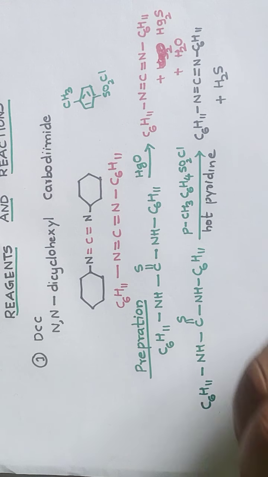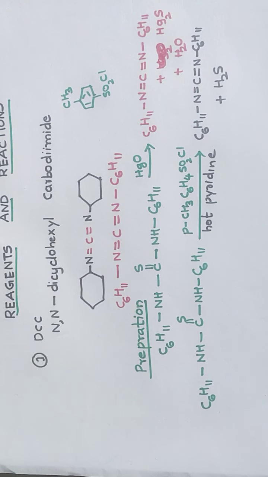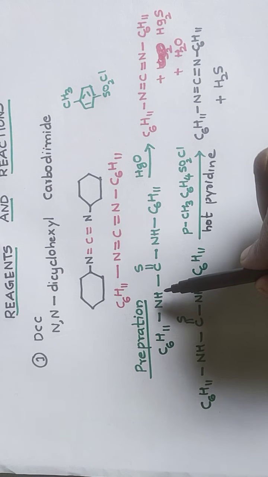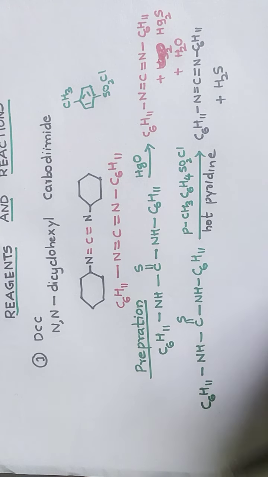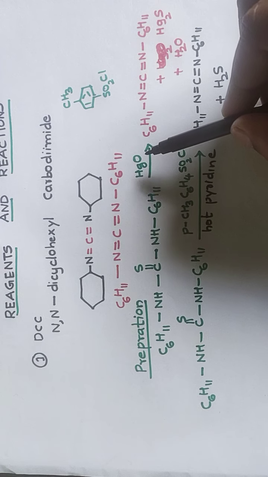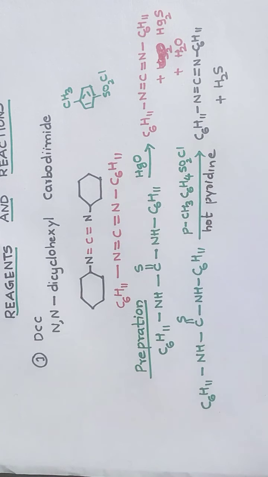So N,N'-dicyclohexylcarbodiimide or DCC can be prepared from N,N'-dicyclohexyl thiourea either by treating with mercuric oxide or with para-toluene sulfonyl chloride in hot pyridine. So this is the method of preparation of DCC.